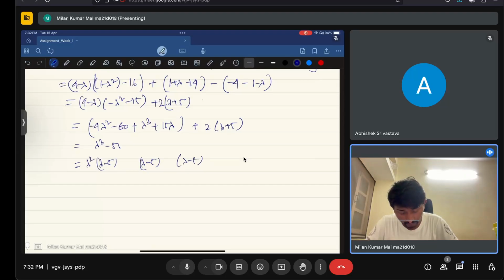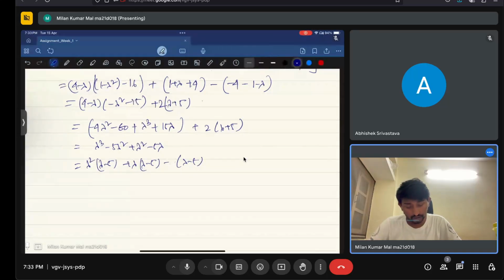Now, if I want to take lambda squared minus 5 lambda, I want to do it, this is 20, this will be 100 then.